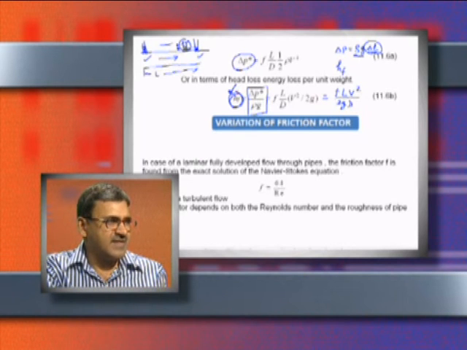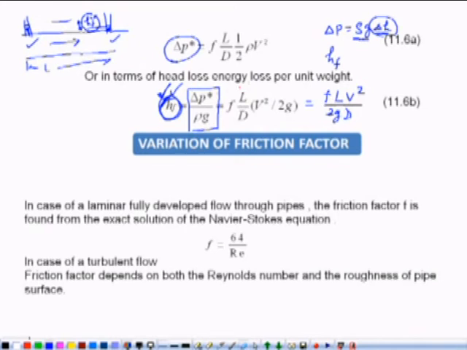So that's why it is important to calculate HF. This HF is required for designing any pipe flow problem or any type of fluid flow problem in which we need to supply external energy for maintaining that flow rate, right.